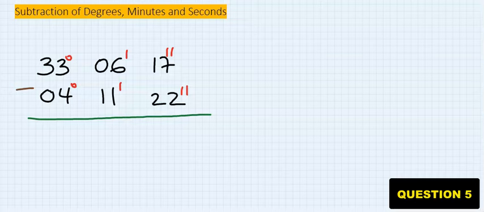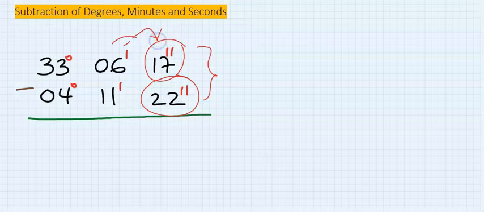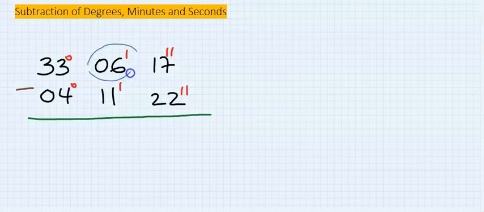Let's consider this question. 17 seconds is less than 22 seconds. This subtraction cannot take place. Hence, we need to borrow from the minutes to the seconds to do the subtraction. Hence, we are going to take 1 minute here, and this 1 minute is actually 60 seconds.